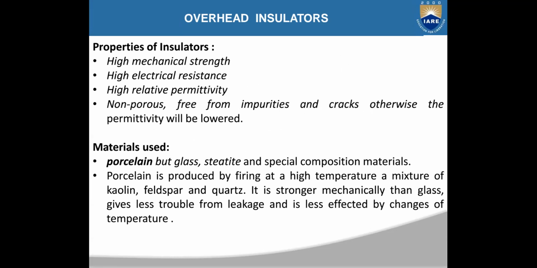It should also have high electrical resistance. The main purpose of an insulator is to insulate the conductor from ground, which means there should not be any flow of current through the insulator. For that purpose, the insulator should have high electrical resistance.